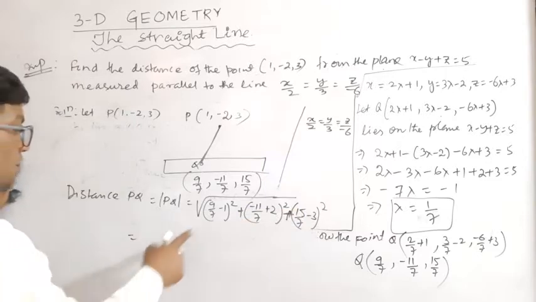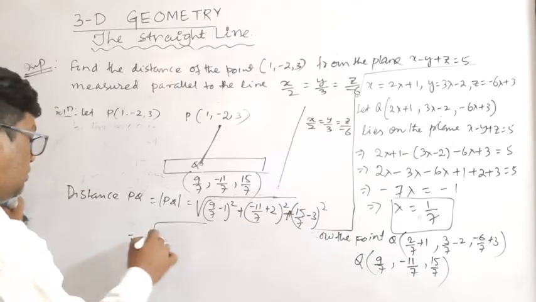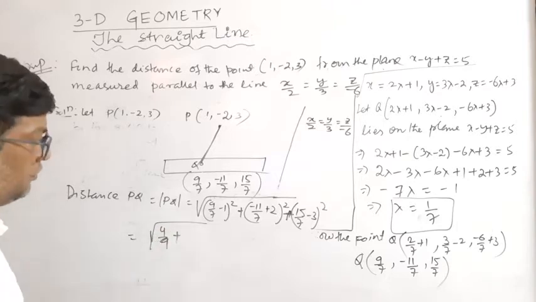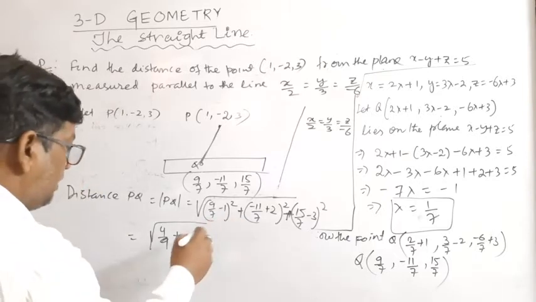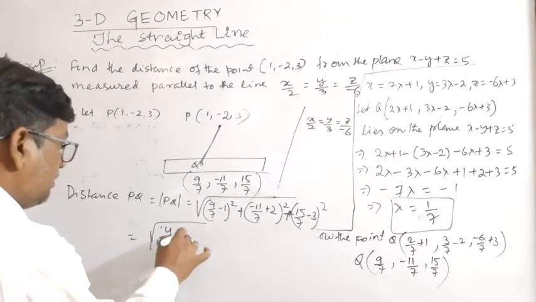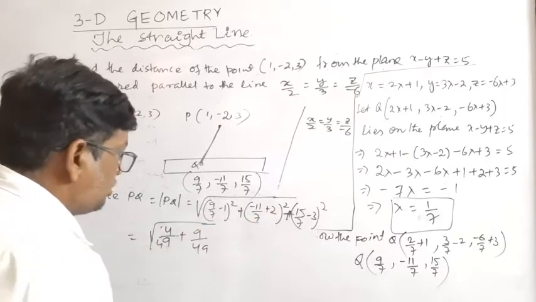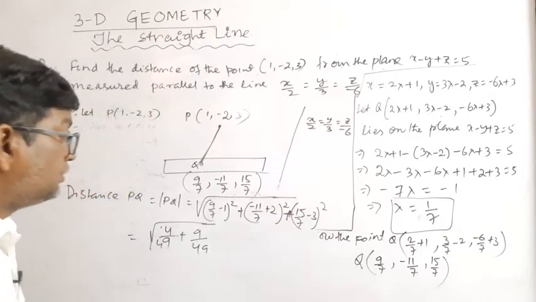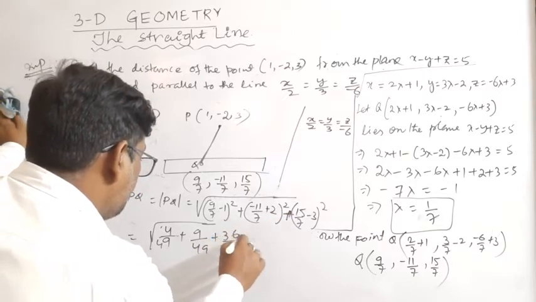So this is 4 by 49 plus 9 by 49 plus 36 by 49.